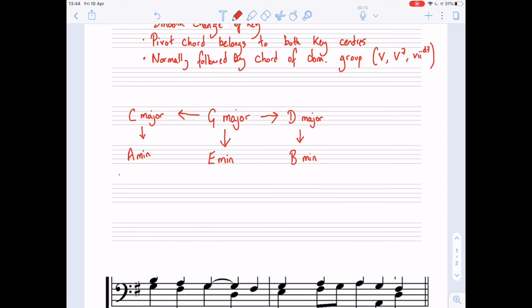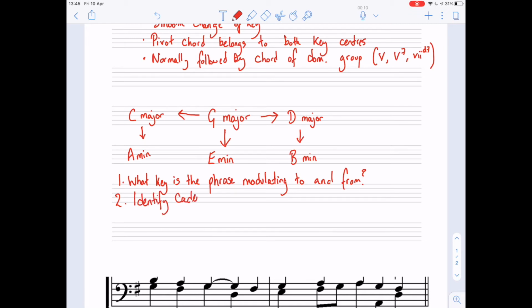The first one, as we've already described, is what key is the phrase modulating to and from? So look for those accidentals. It's always good to identify your cadential formula as well, so you can fill that in at the end of your phrase.